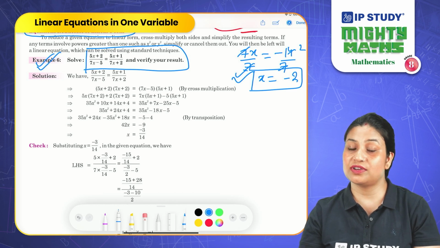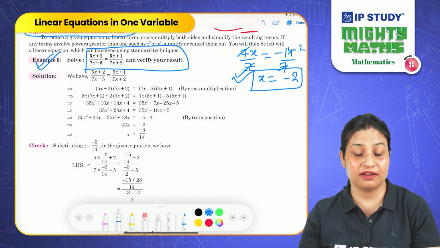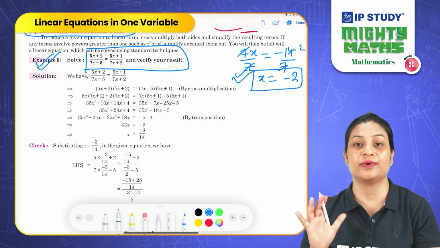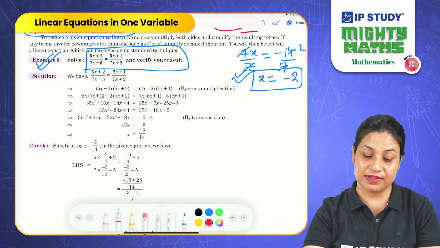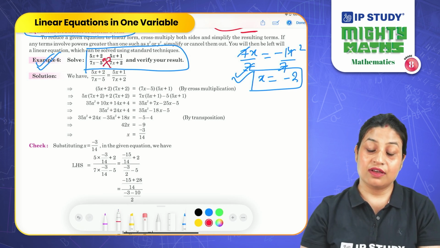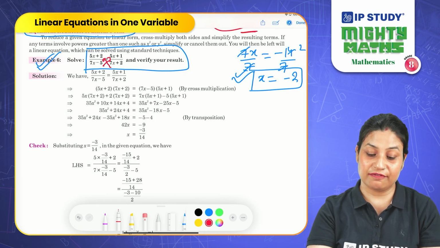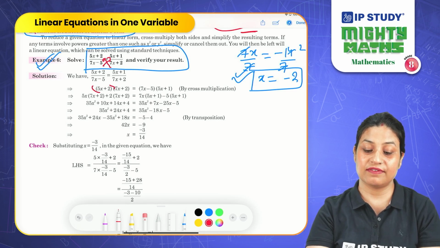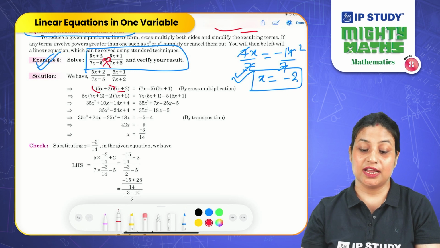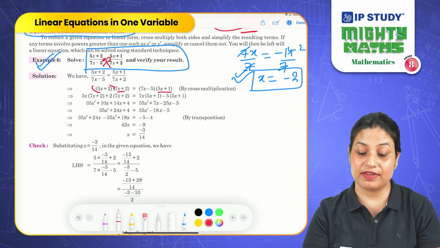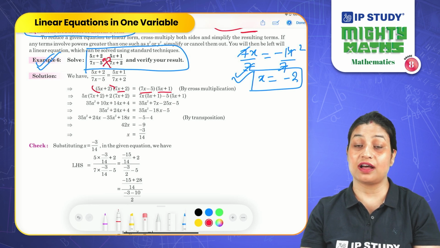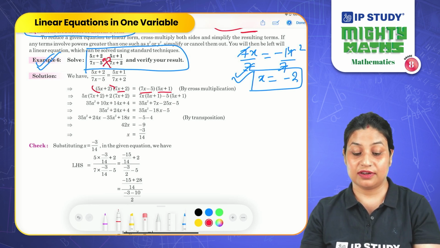The first step is to apply the cross multiplication method whenever you are dealing with this kind of equation. When you cross multiply, what will you get? 5x plus 2 and 7x plus 2 on the left hand side, and on the right hand side, 5x plus 1 and 7x minus 5. This is what you will get after cross multiplication, right?